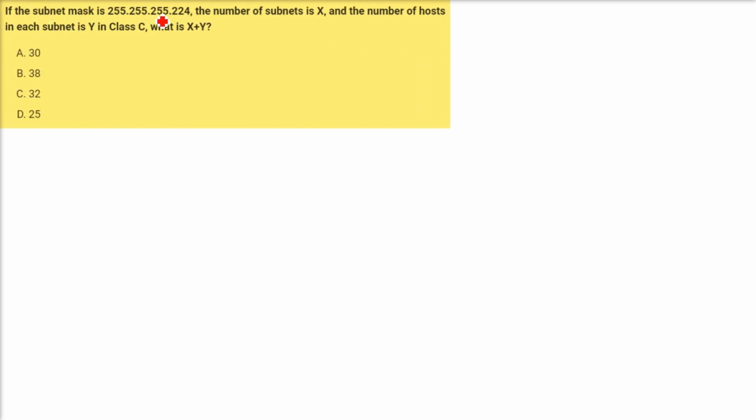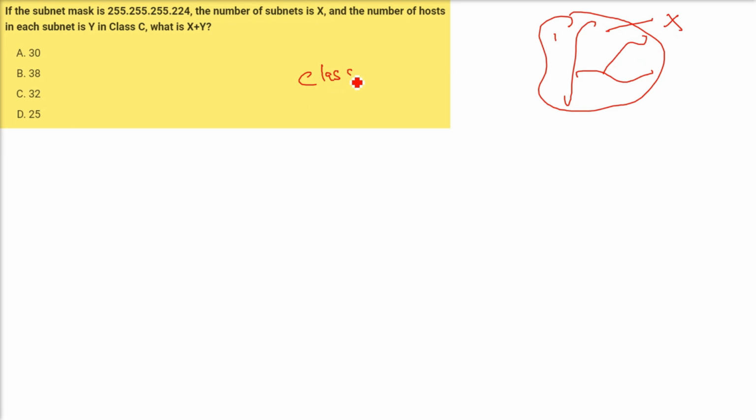If the subnet mask is this one, the number of subnets is X. A network has different sub-parts, or subnets, you can say. The number of hosts in each subnet is Y, that is the number of computing devices or computers whose IP has to be assigned.